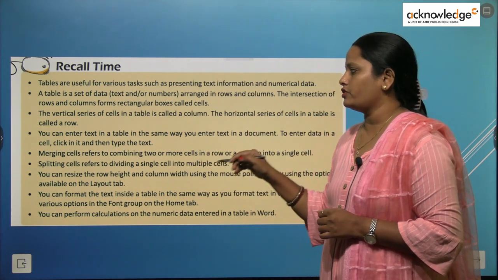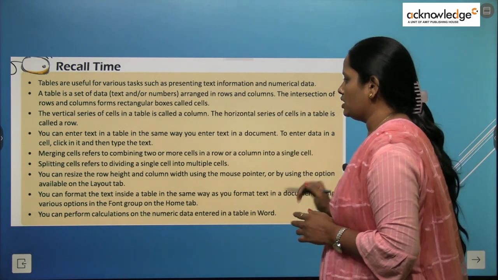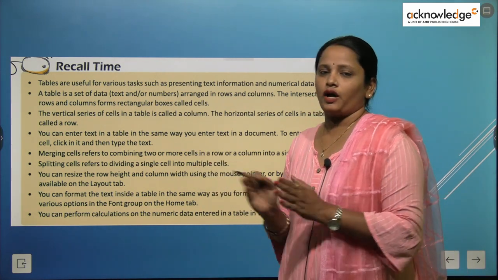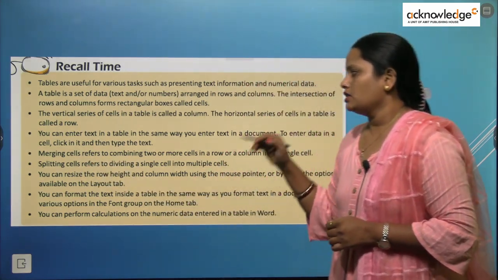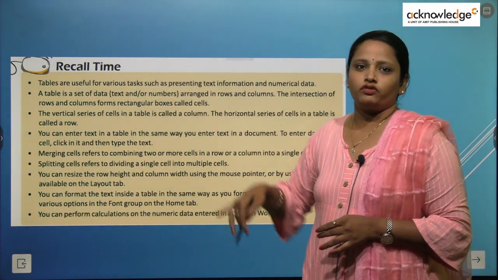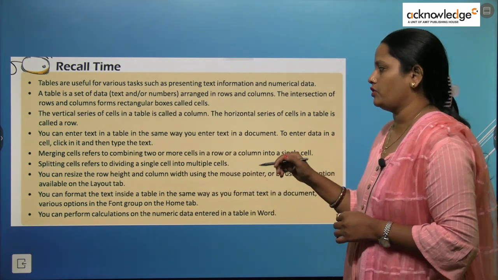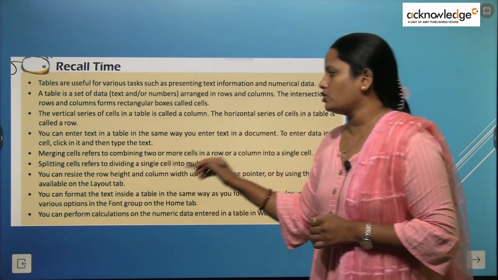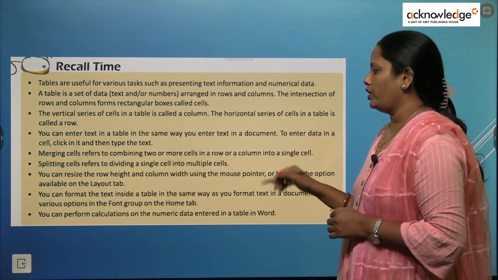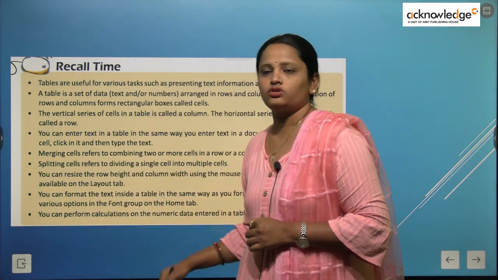Merging cells refers to combining two or more cells in a row or a column into a single cell. So, by this we can merge the cells. Splitting cells is just the opposite of merging cells. By splitting cells we mean dividing the cells into multiple cells. You can resize the row height and column width using the mouse pointer or by using the options available in the layout tab.